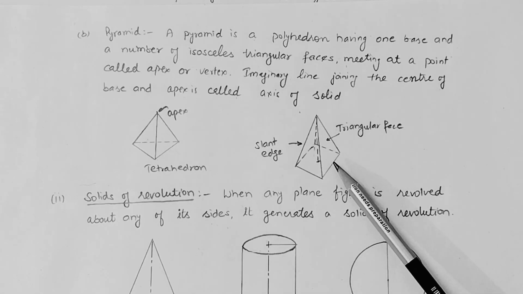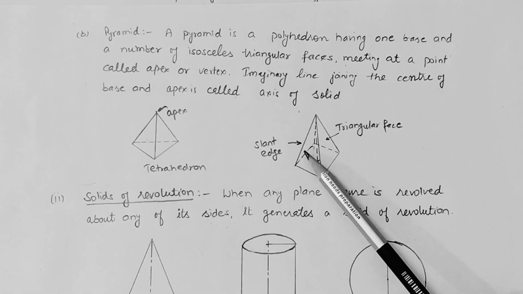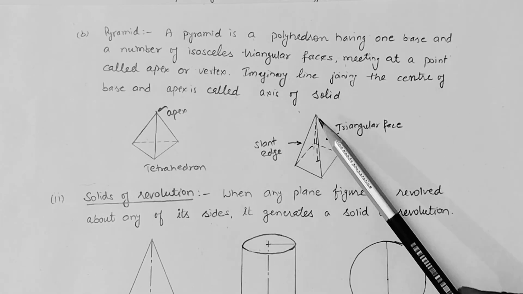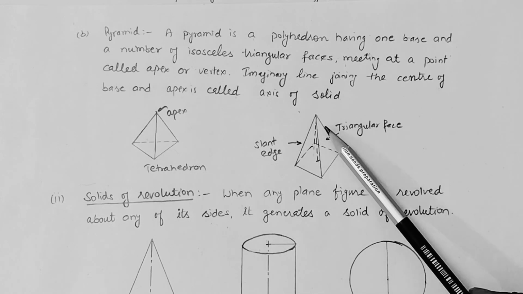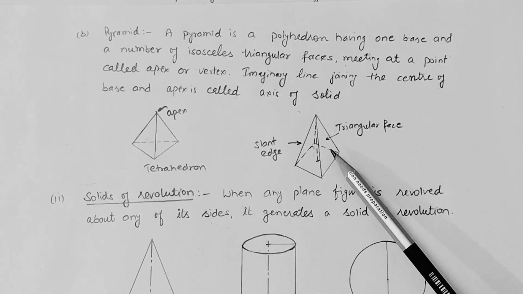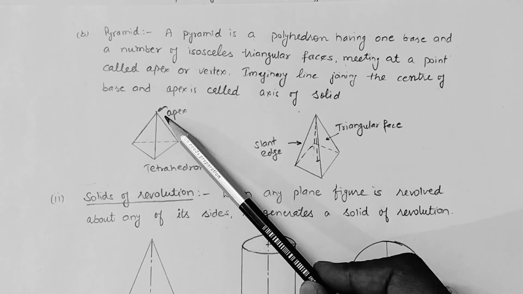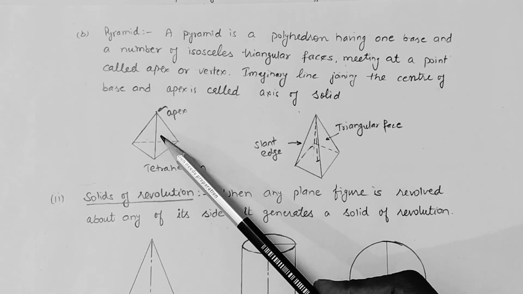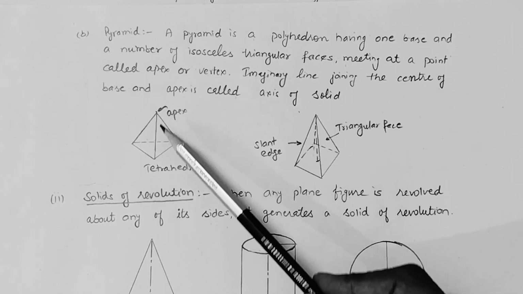You can see in this diagram, here we have square pyramid. So one base and an apex point where these slant edges are meet. These slant faces are triangular in shape. Same you can check in this tetrahedron. This is slant face, so it is a triangular shape. This is the apex point.